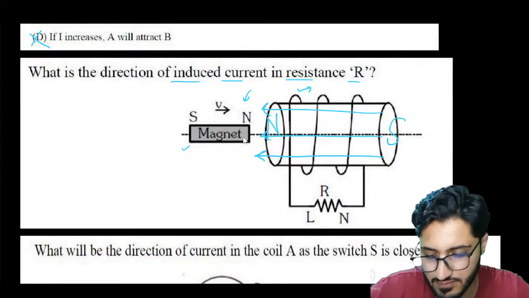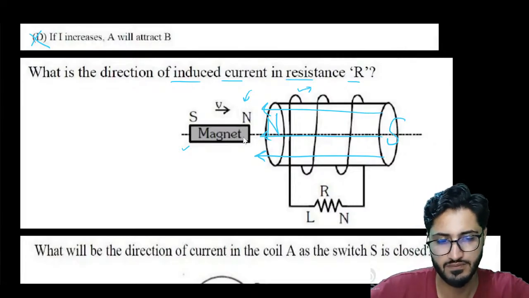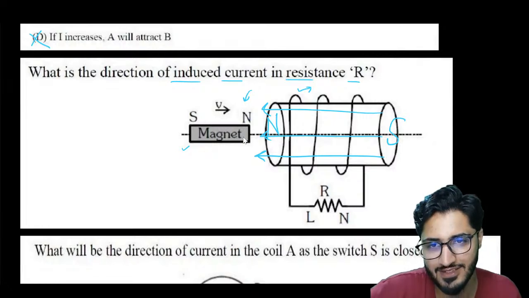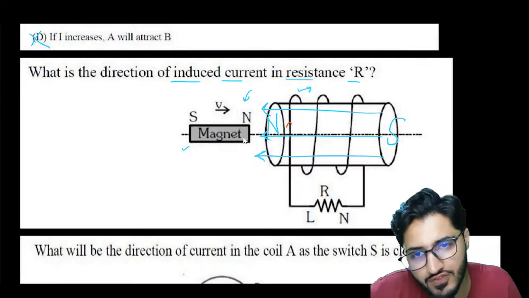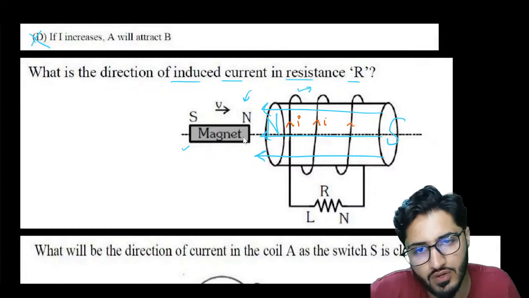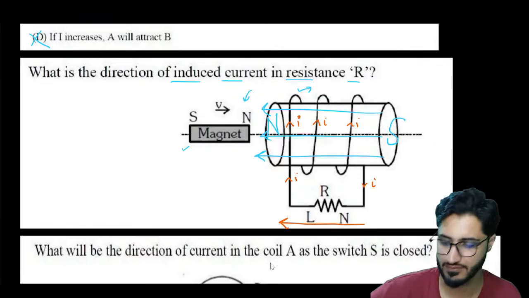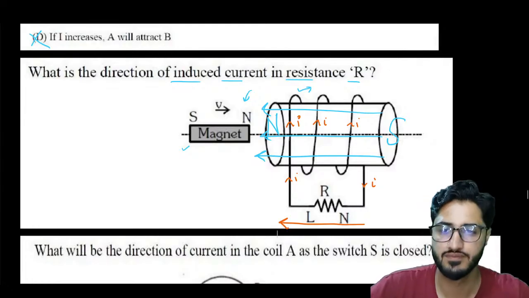Done? And you should know this particular formula. So my current will go in this way, and current will flow in this direction. Easy or super easy?